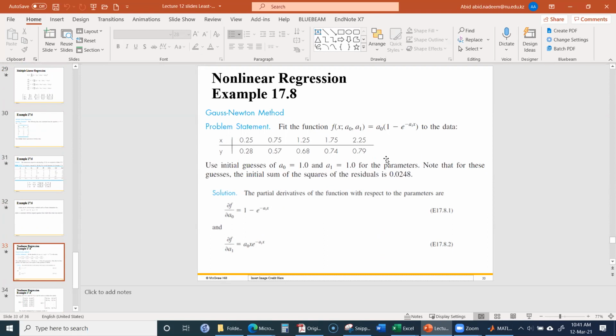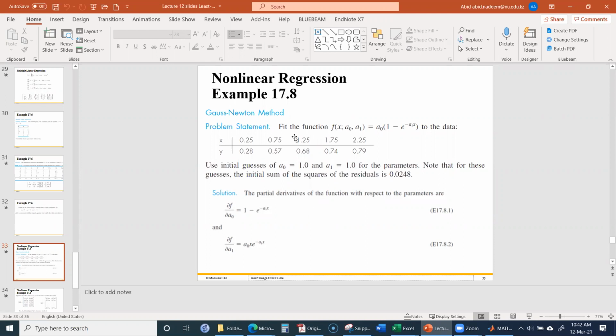So for this exponential function, we have to apply the non-linear regression. This non-linear regression has a specific algorithm which needs to be followed.